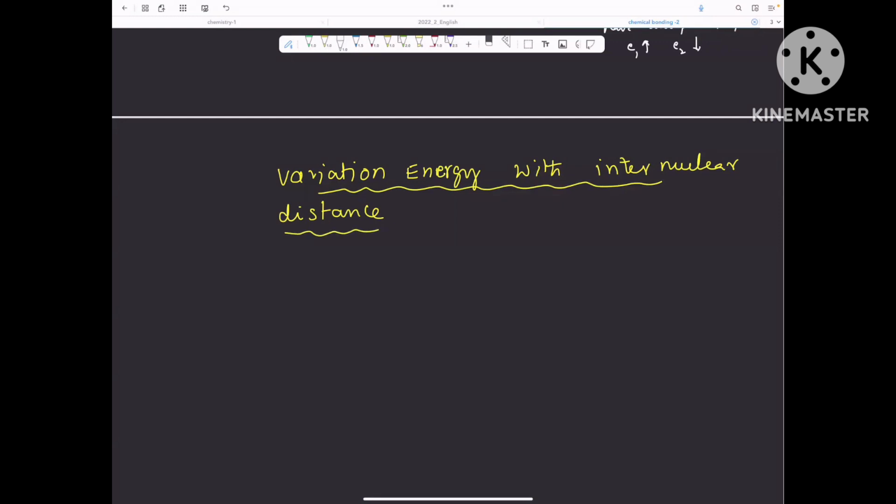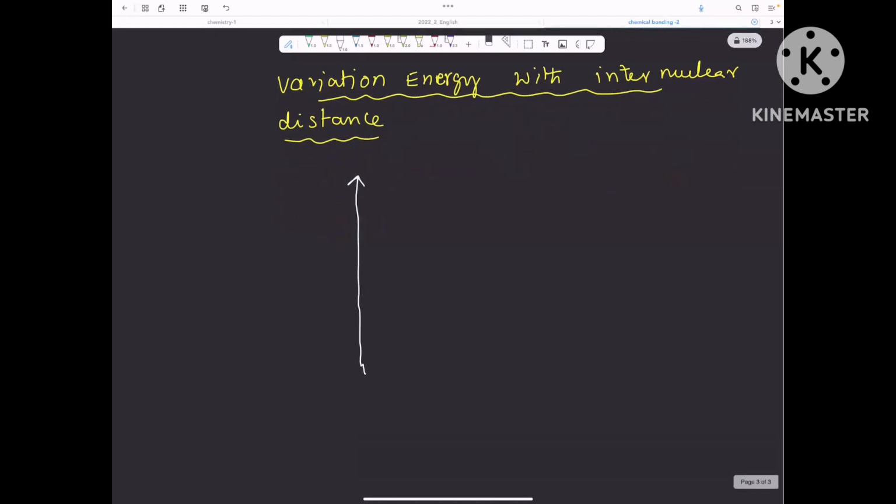Let us make this the y-axis and this the x-axis. Let us say D is the interatomic distance or internuclear distance.